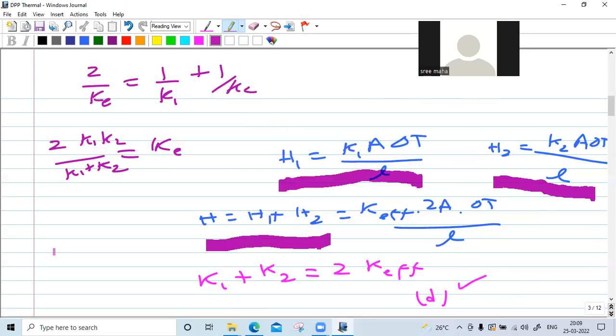The length is the same, L. The temperature difference is also the same. So if you substitute H1 and H2 from this, the common terms are A into delta T by L. That will cancel. So you have K1 plus K2 equal to 2 times K effective.